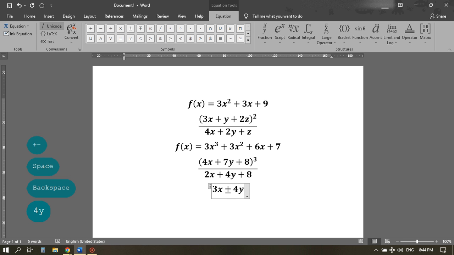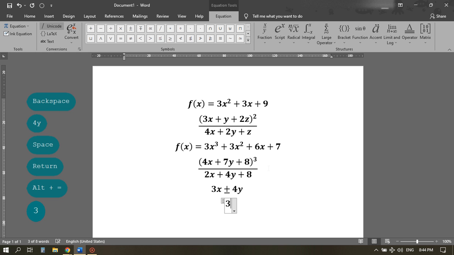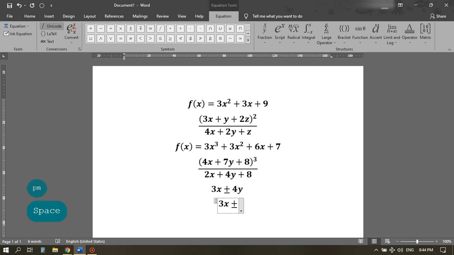And there is another option here, 3x, and you put a slash and write down PM. Here is the P and M. The P is the abbreviation for plus, and here is the abbreviation for minus. And press space, and it automatically transforms to the plus minus sign. So how did I know all these abbreviations?